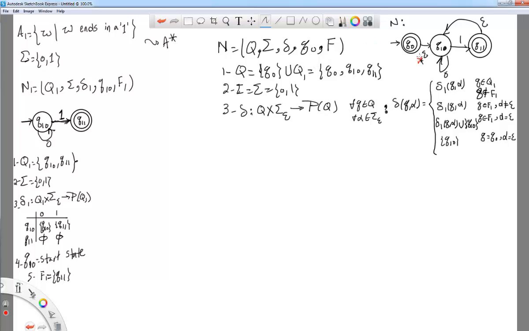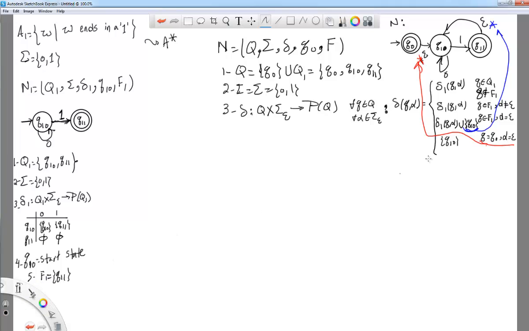So this transition is this one, and this transition is this one. So that's that guy, and this is that guy.